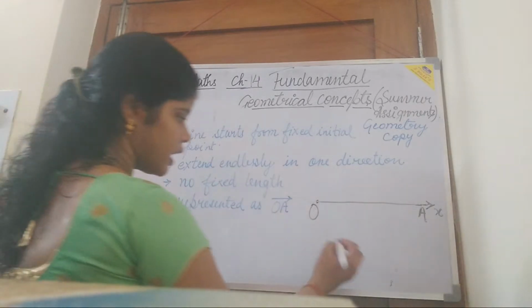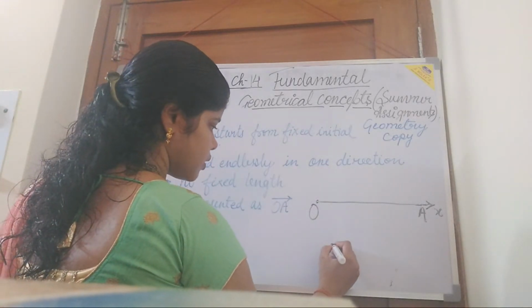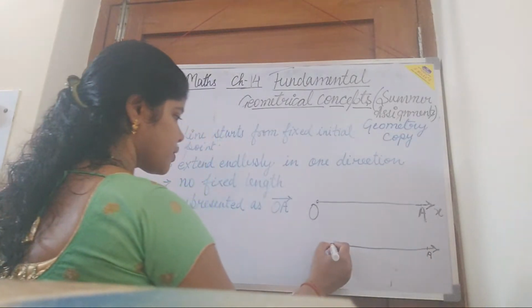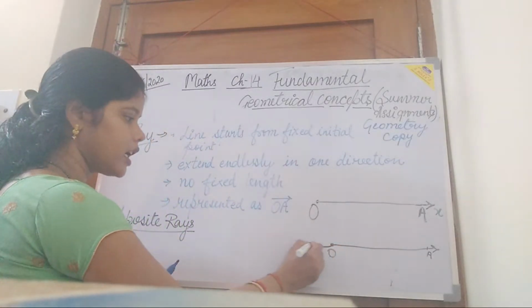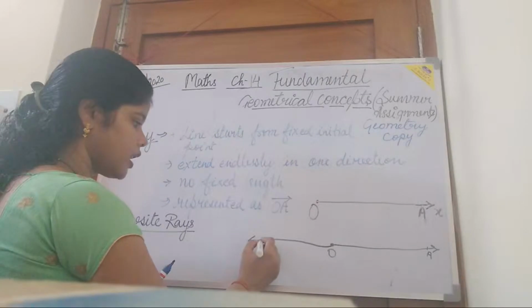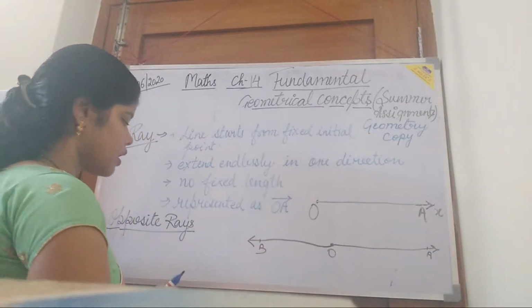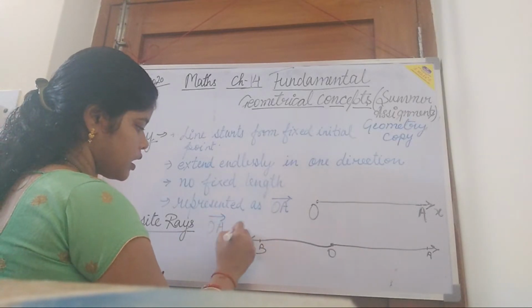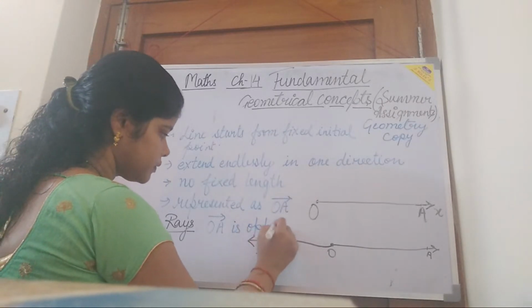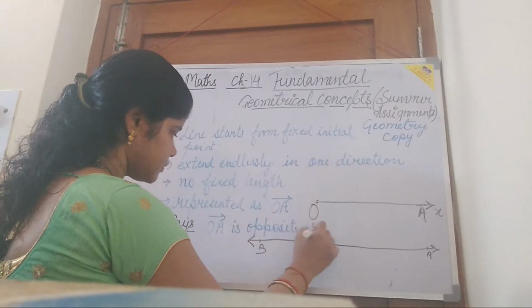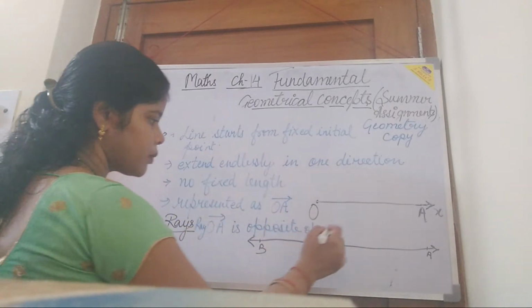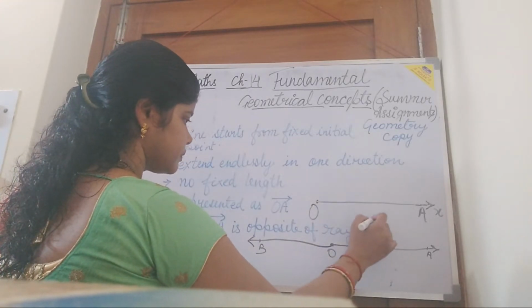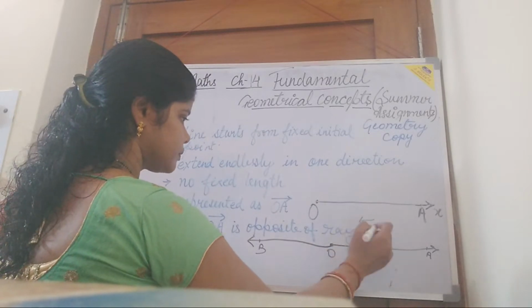Opposite rays means if here is one point O and the ray extends endlessly in one direction, then from the same point we extend another ray in just the opposite direction, that is OB. So ray OA is the opposite of ray OB.